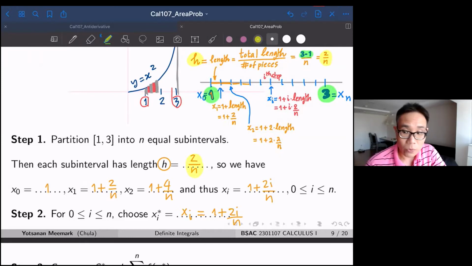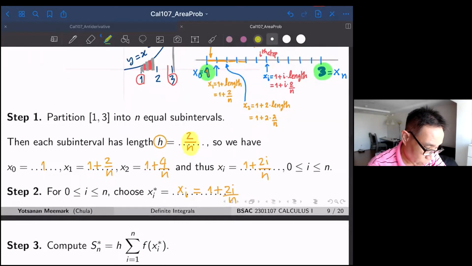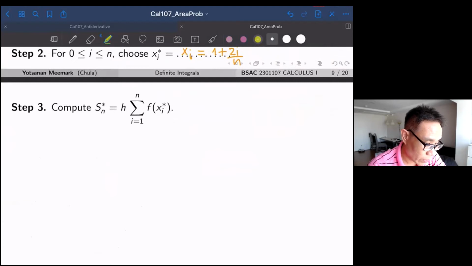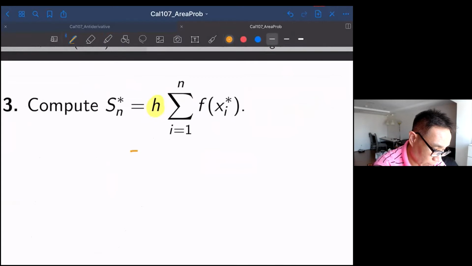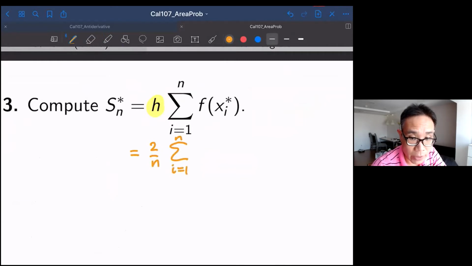Just 2 over n. Now you're going to compute the Riemann sum. So you have Sn star equal to h. Okay, my h is 2 over n. So it's going to be 2 over n, and it's going to be the sum from i equal to 1 to n of f of xi star.